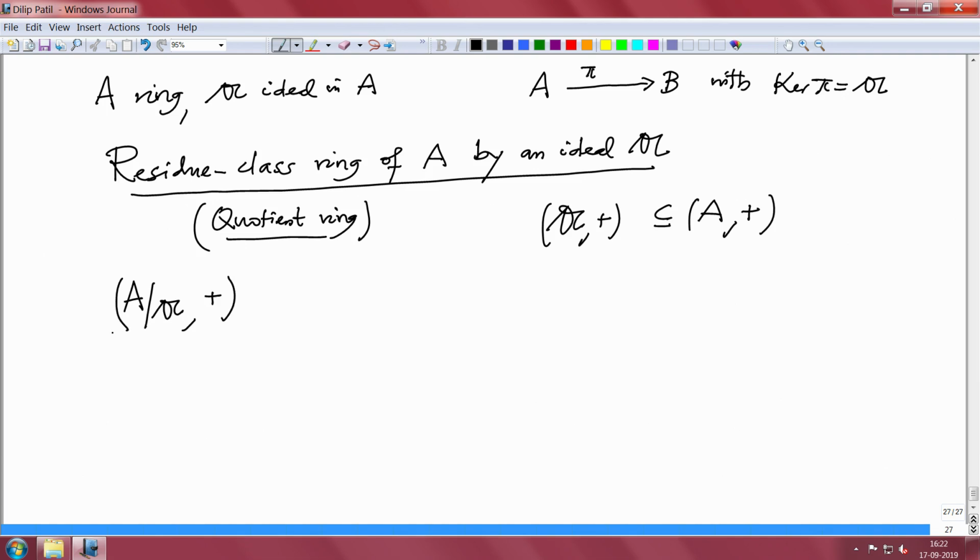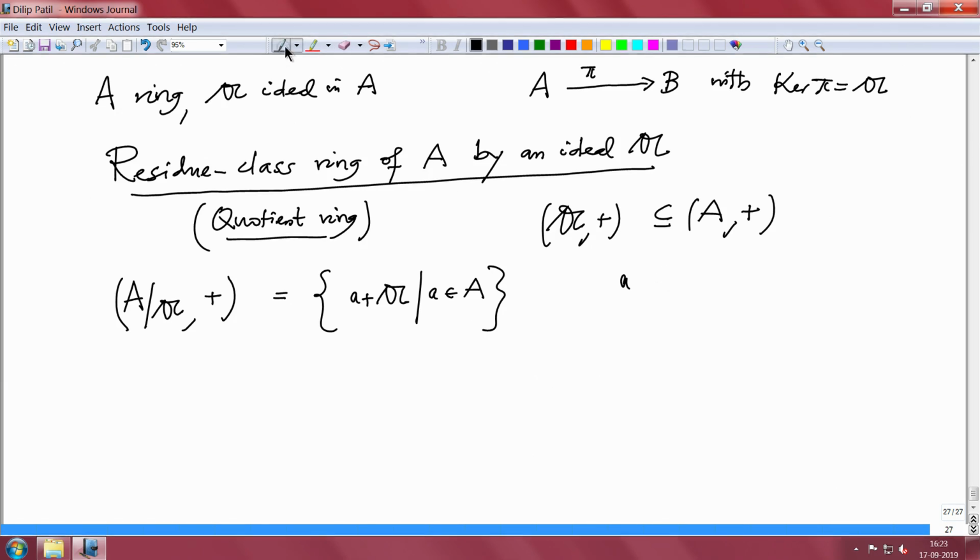So what are the elements? The elements are the cosets, a + 𝔞. This is a coset. And then you look at these cosets as a varies in A, but obviously two cosets can be equal for two different elements. And what is the coset a + 𝔞?